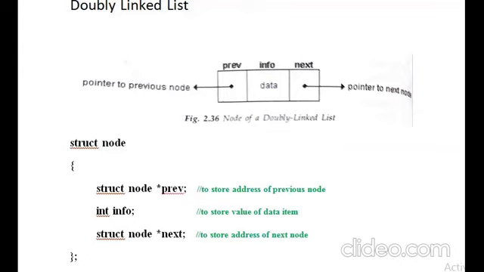So far we have seen singly linked list, which means that we will be having only one link in a node which stores the address of next node.